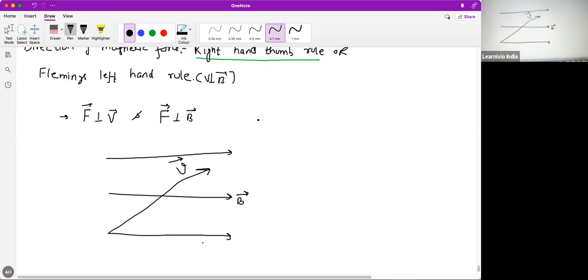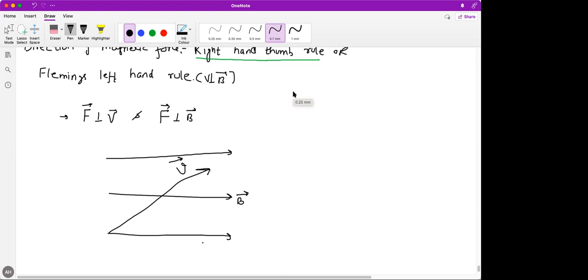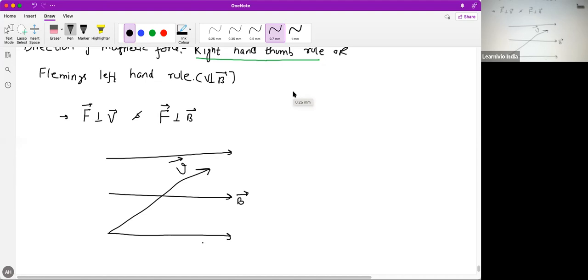Noor, Shahzada, Abdullah, and who else is there? Mariam. Apply the right hand thumb rule and see if the thumb is going in the inward direction or not. Yes, sir. It's going inwards. Abdullah, yes, sir. It's only inwards. Mariam, are you getting inward direction?